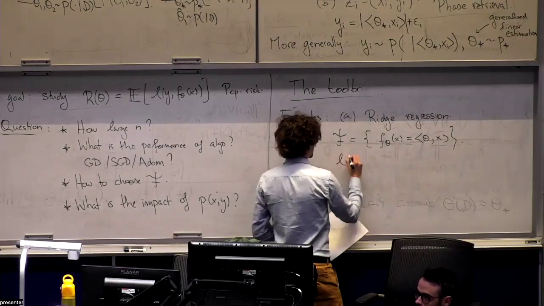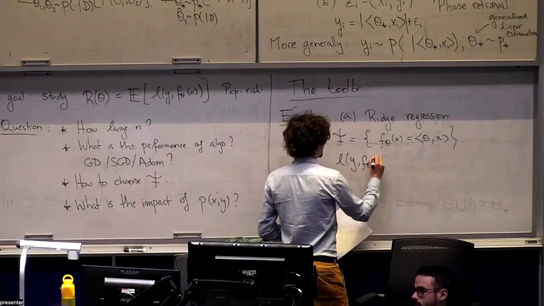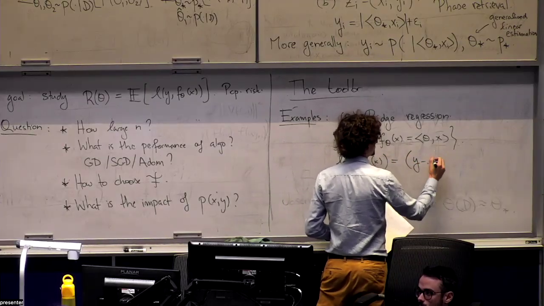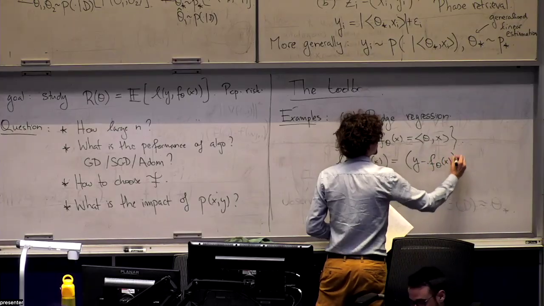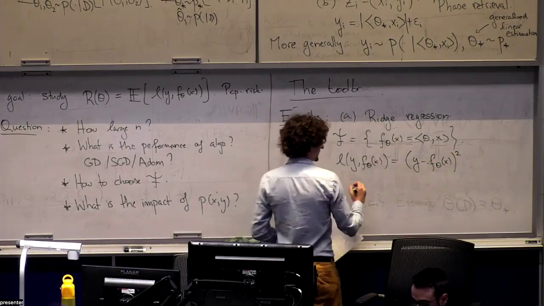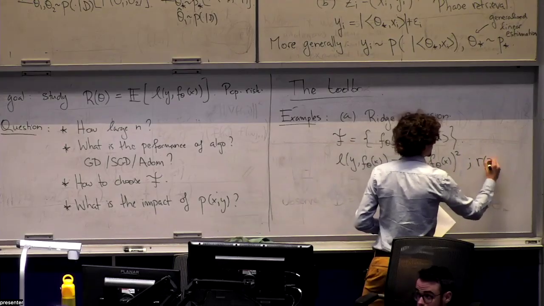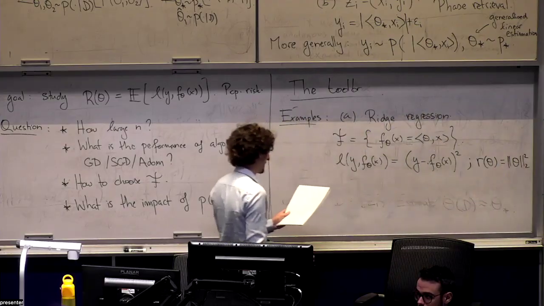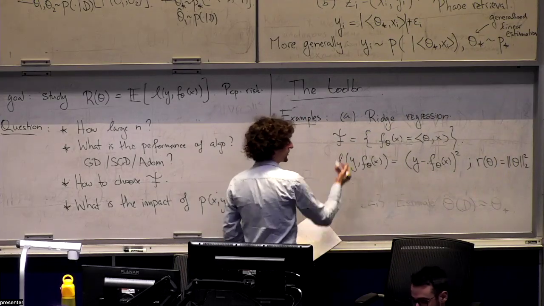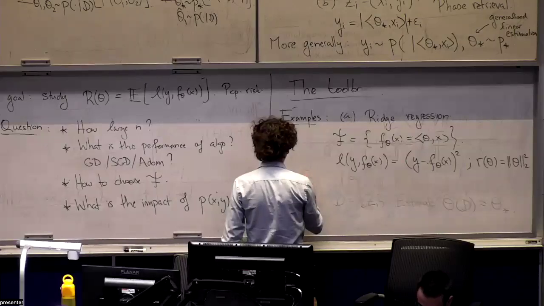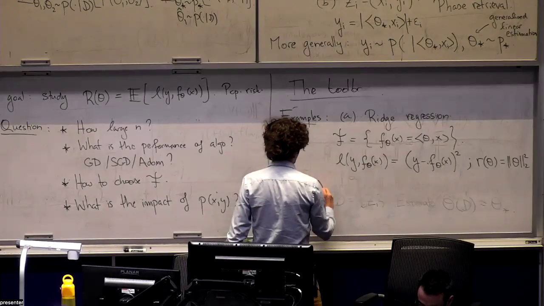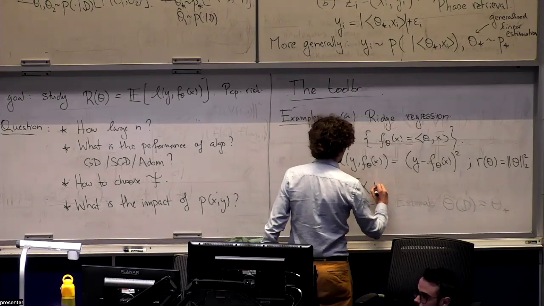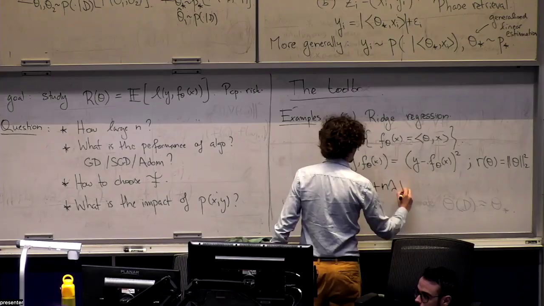The loss function is the square loss. The regularization is the L2 norm. And you can solve this problem explicitly. Actually, you can write down an estimator as a function of your data, which is just the solution, because this is a quadratic problem. So that's one of the simple cases.